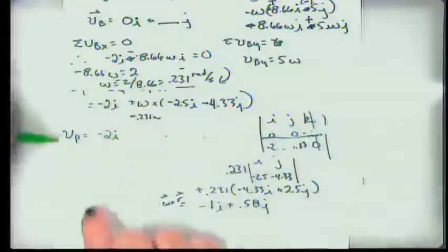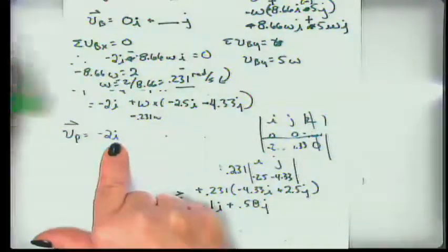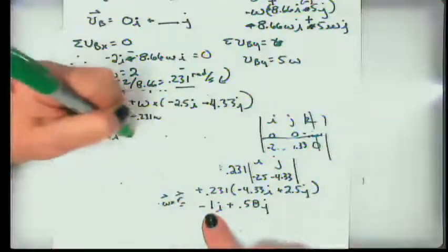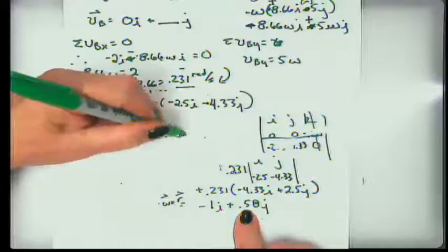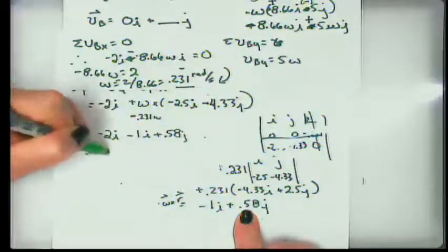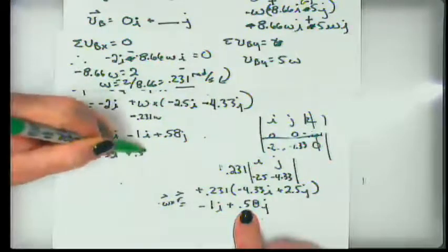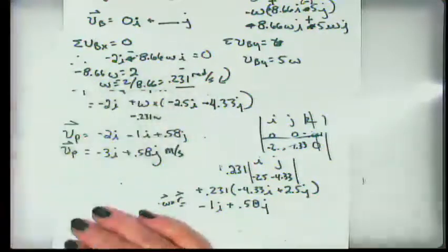All right, so then the velocity of the painter expressed as a vector is negative 2i minus 1i plus 0.58j. So that is negative 3i plus 0.58j, and that is going to be in meters per second.